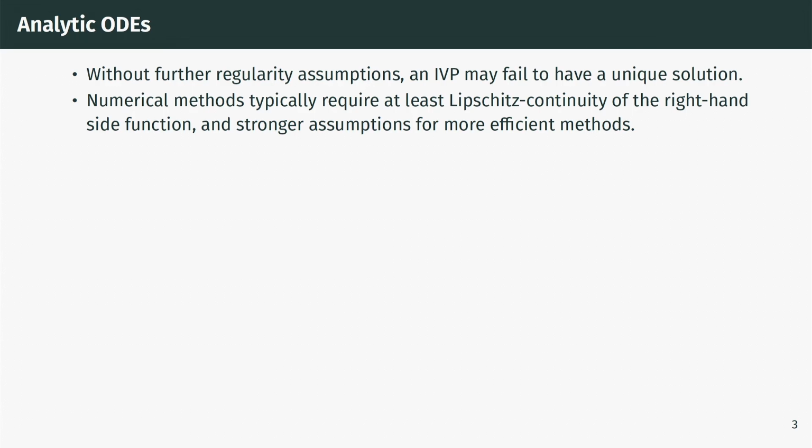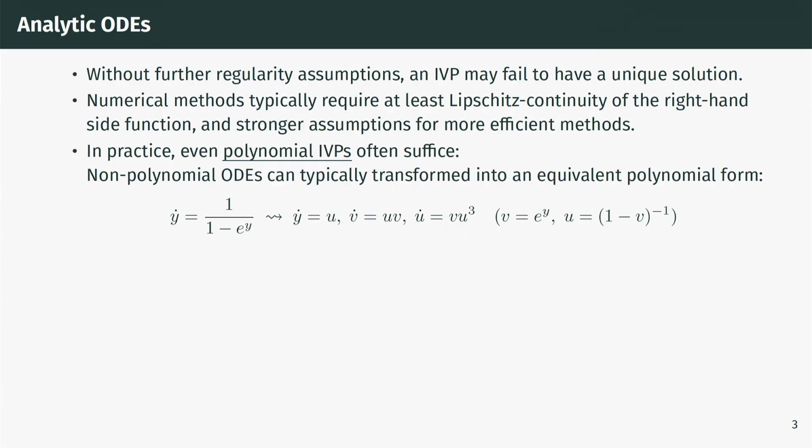So for numerical methods, many methods at least assume that the right-hand side function is Lipschitz continuous. But if we want more efficient methods, then usually also a bit more smoothness, like C^k for some k. For many cases, even polynomials are enough, right?